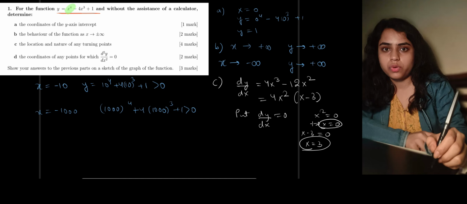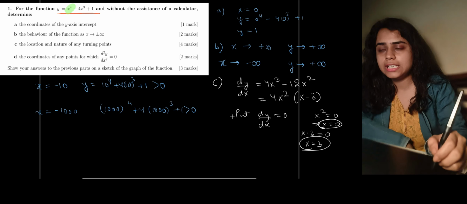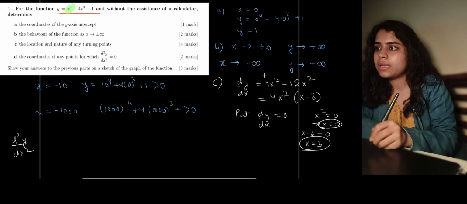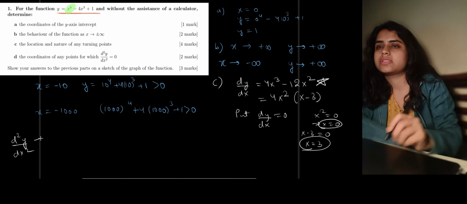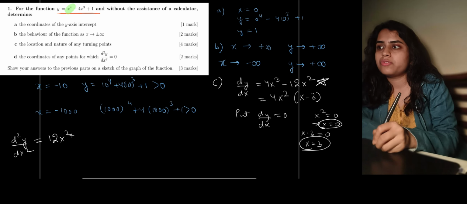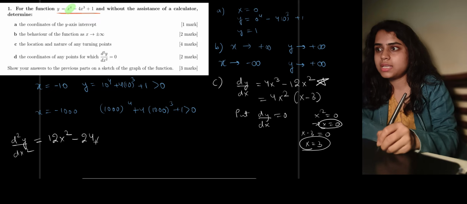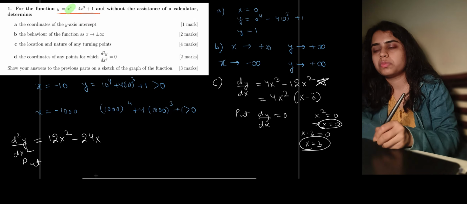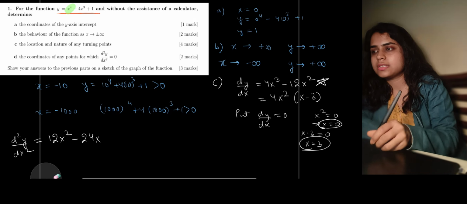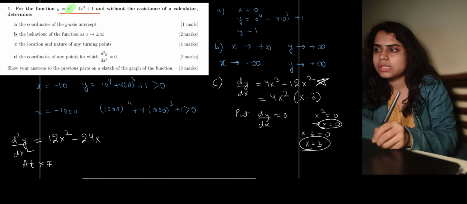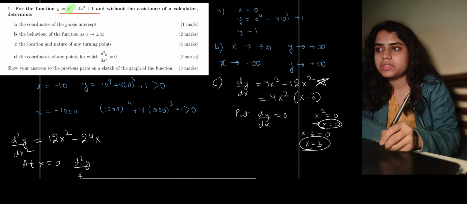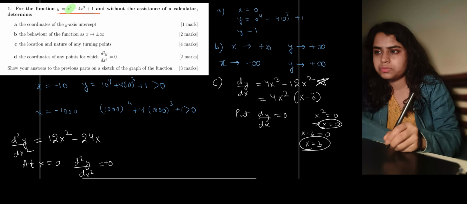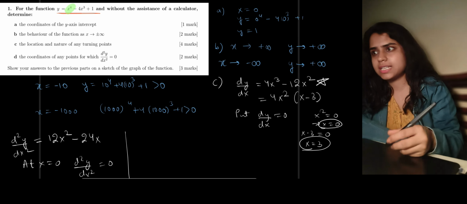These are the turning points for sure, but to determine their nature, let's go towards the second derivative. I'm going to differentiate further, so d square y by dx square is 12x square minus 24x. Now plug in. At x is equal to 0, d square y by dx square is equal to 0, so we need to investigate it further.